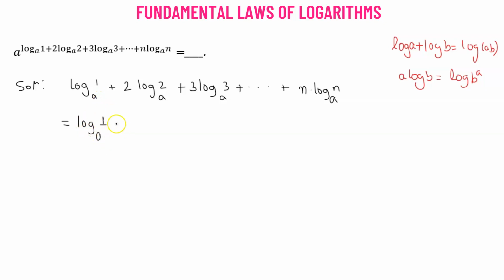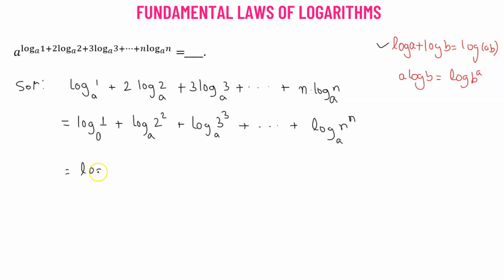Log of 1 with the base of a plus log of 2 squared with the base of a plus 3 log 3 will become log of 3 cubed with the base of a plus the other terms, and the final term will be log of n raised to the power of n with the base of a. Now we can successfully apply our property log of a plus log of b equals log of a times b.